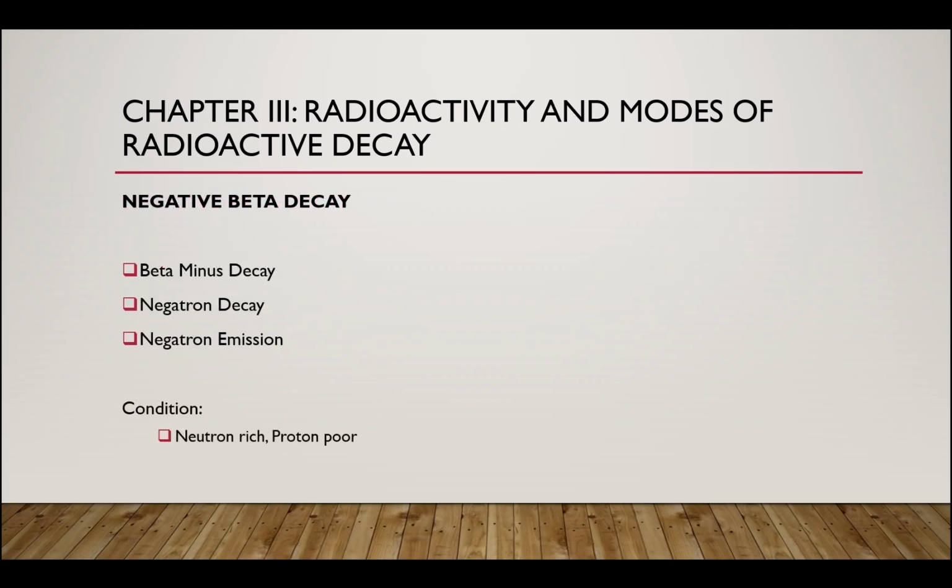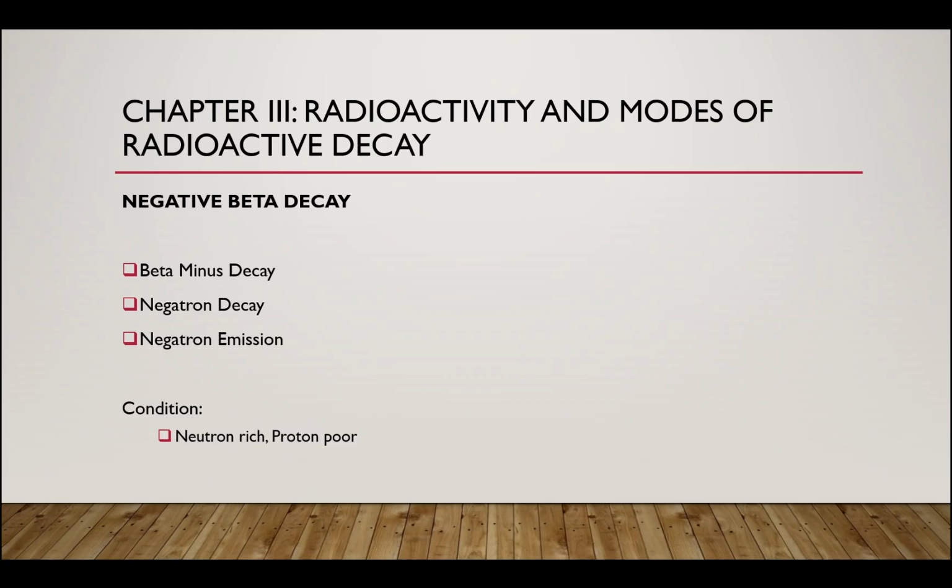So negative beta decay, which can also be referred to as beta minus decay, negatron decay, and negatron emission. In order for the nuclide to undergo negative beta decay, it must possess a neutron-rich and proton-poor condition. And the negative beta decay releases the negatron particle.